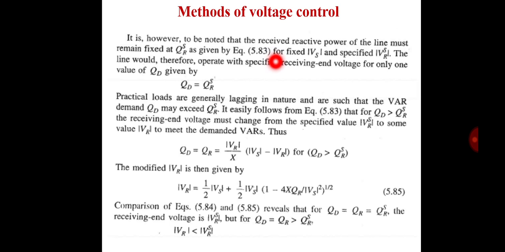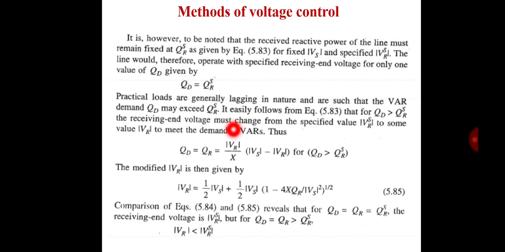That means, for a given equation at fixed Vs and specified receiving end voltage, the line would operate with the specified receiving end voltage for only one value of QD, given by QD equal to the specified receiving end reactive power.